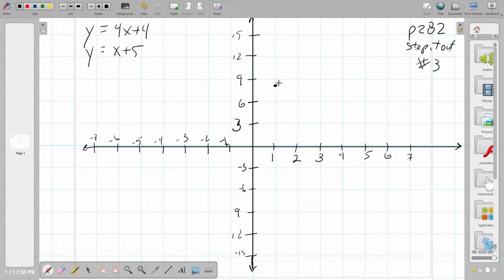All right. Negative 1 times 4 is negative 4, plus 4 is 0. And then let's do negative 4 times 4, which is negative 16, plus 4 is negative 12.